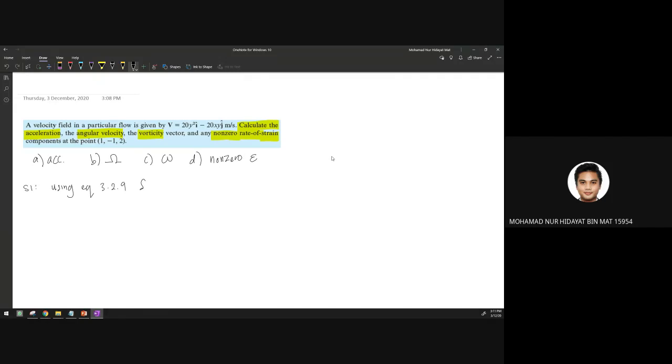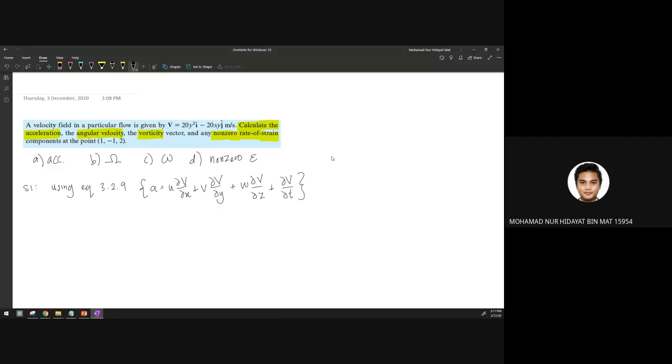Acceleration consists of space and time: u times the partial derivative of capital V over partial x, plus v, small v, times the partial derivative of capital V over partial y, plus w times the partial derivative of capital V over partial z, plus, last but not least, the partial derivative of capital V over t.